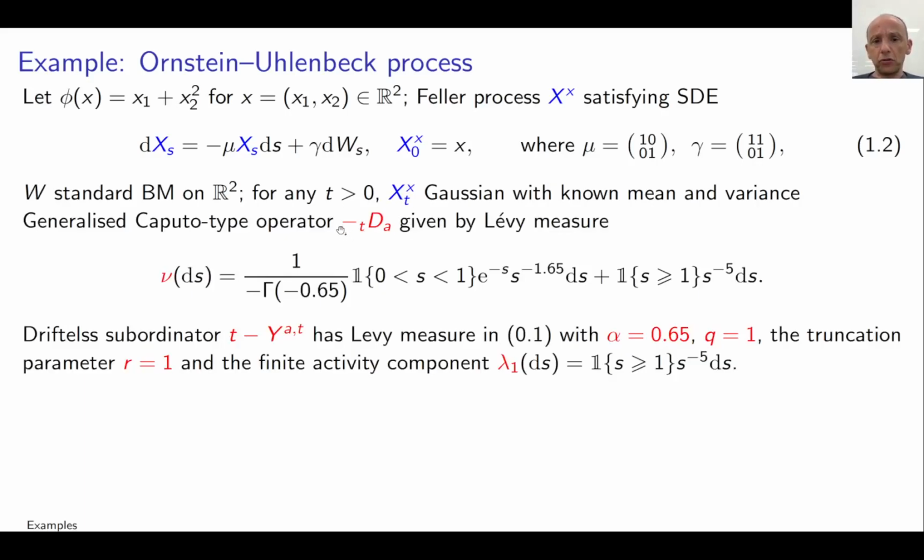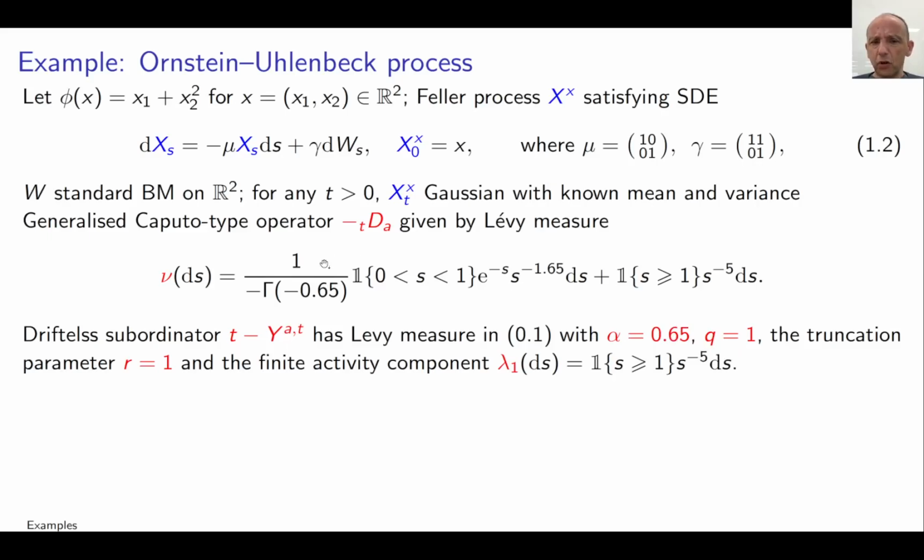And then here we just chose something that looks non-trivial, right? A generalized Caputo operator of this type, which fits in our framework, right? So this is tempered stable in (0, 1), and then it has some sort of decay later on.